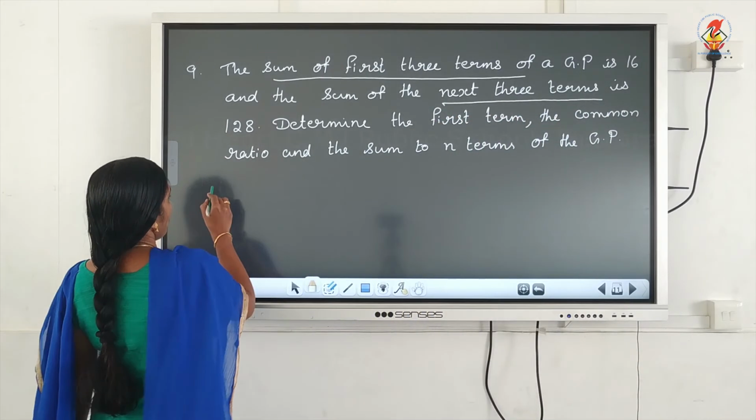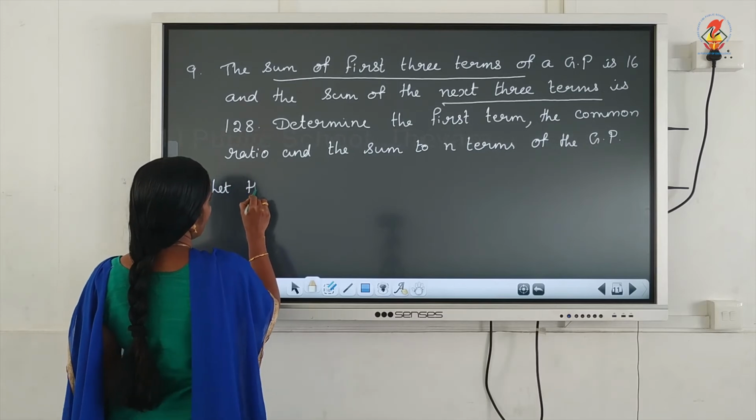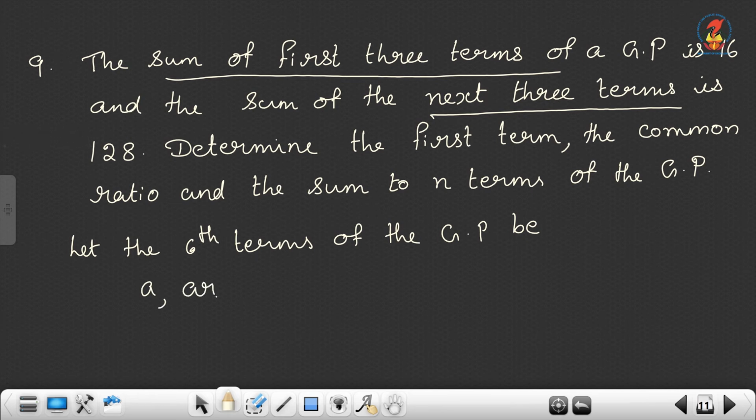Let the 6 terms of the GP be: the first term we can take as A, the next is AR, AR², AR³, AR⁴, and the sixth term is AR⁵.